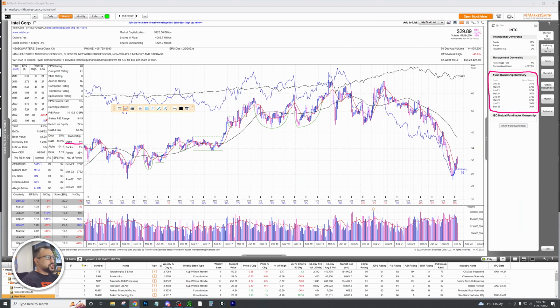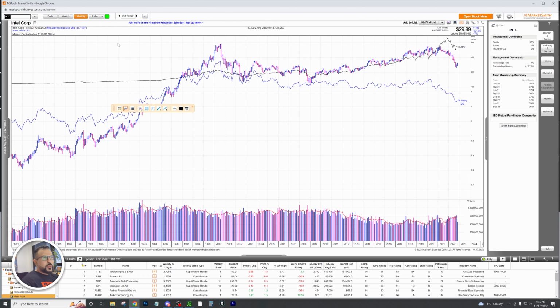Now let's take a look at the chart on MarketSmith and see what we can find. Let's go to the monthly. I want to look back a little bit. We can see at around 20 there seems to be lots of volume, so I would probably mark an area here at around 20 bucks.